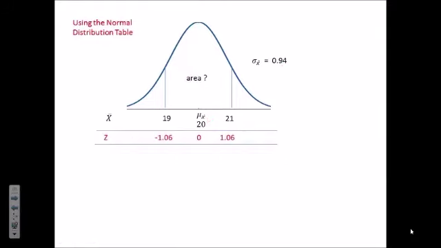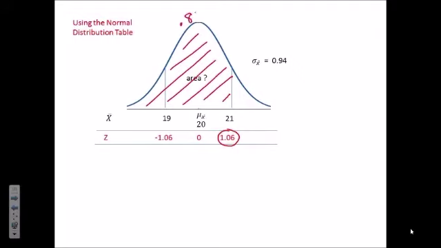Well, now we have the z-scores. How do we get the areas? Well, the first step would be to look up 1.06 in the table. If you do that, you're going to get an area of 0.8554. That means this area below is 0.8554.